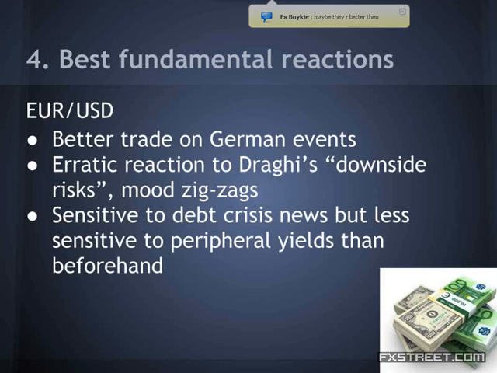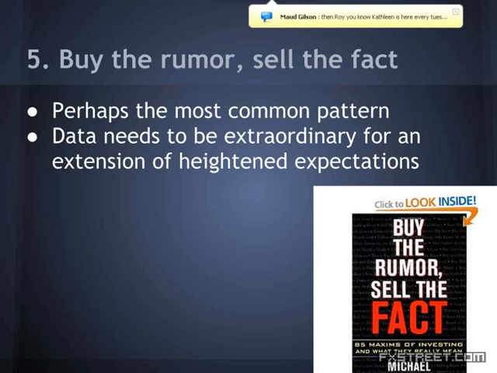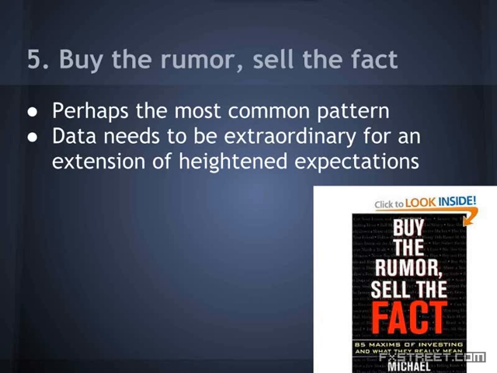Okay, and now the last point. I also found a book about it, apparently. Sell the rumor, buy the rumor, sell the fact. One of the most common patterns. So if you have rumors or high expectations that the figure will be strong, in order to see an extension beyond these figures, you need a really big surprise, much more than the rumors or much more than expected.